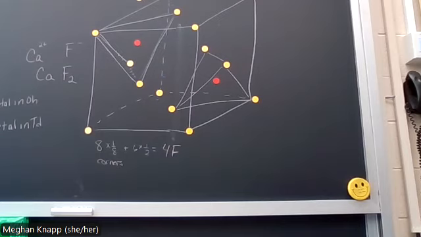One of the most important structures, which has lots of applications in different areas, is the perovskite structure. So in a perovskite structure, a cube. Let's see how to describe this.